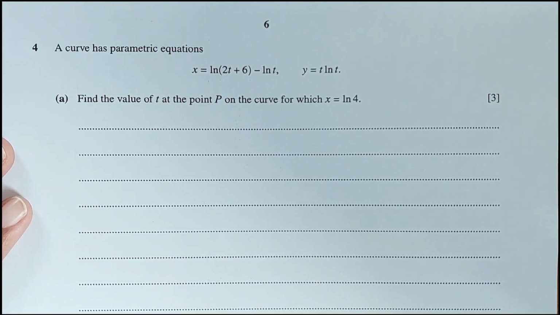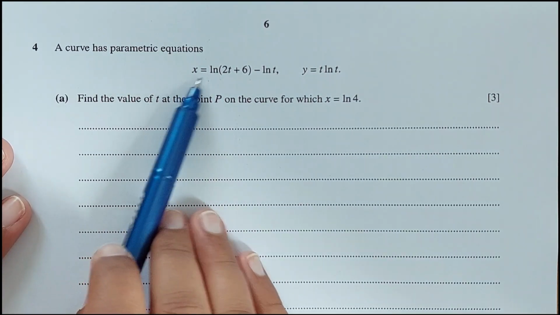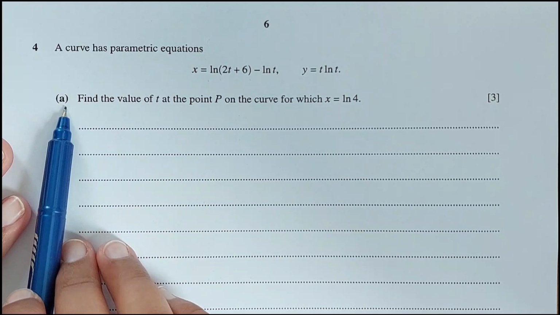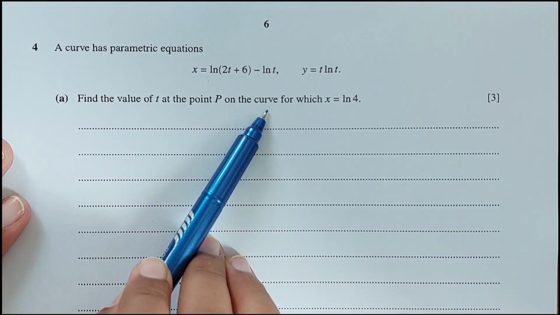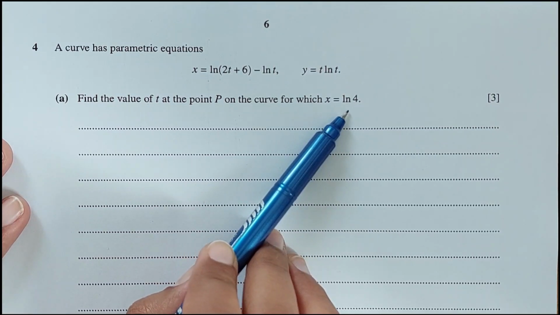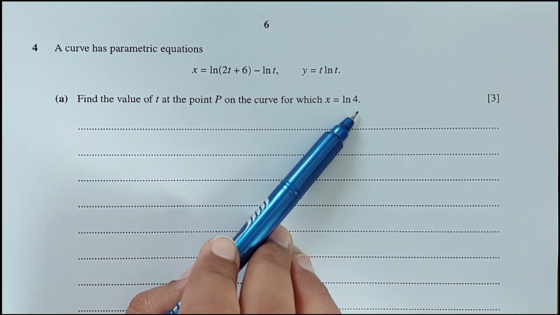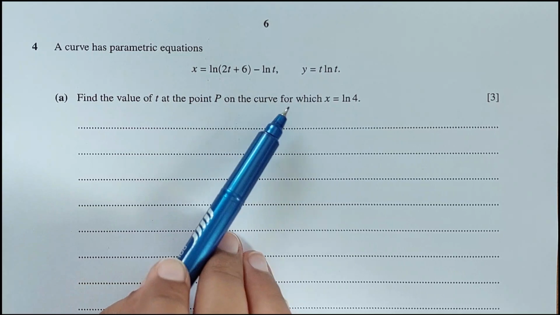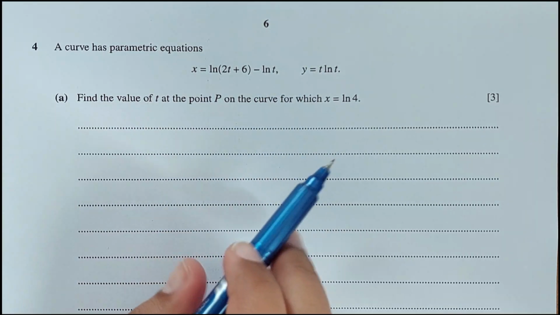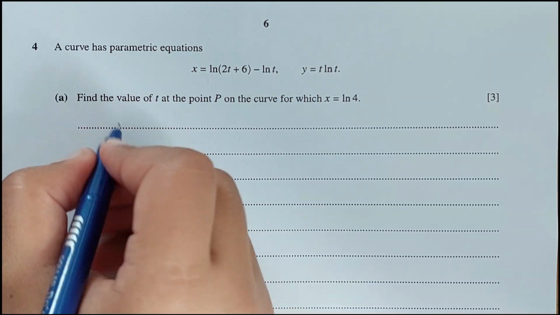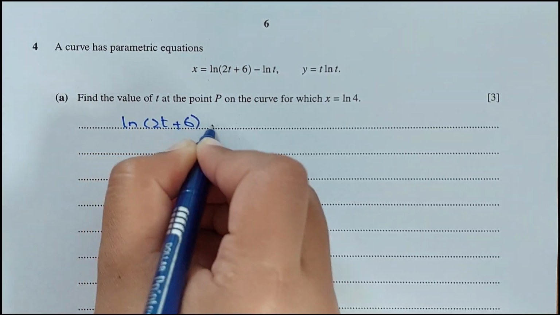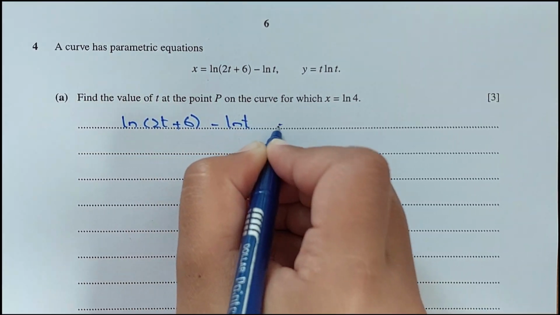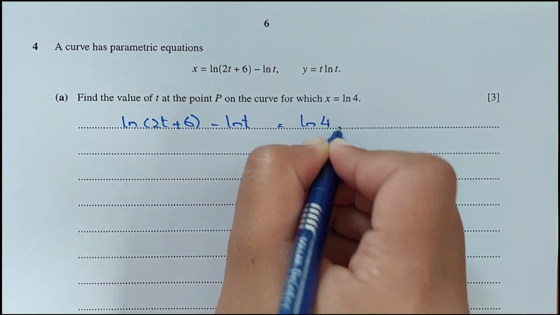Question number 4. A curve has parametric equation x in terms of t and y in terms of t. Part A. Find the value of t at a point P on the curve for which x is equal to ln 4. So the point P lies on the curve, it should satisfy the curve, right? So we can equate the x. We can say ln of 2t plus 6 minus ln of t is ln 4.